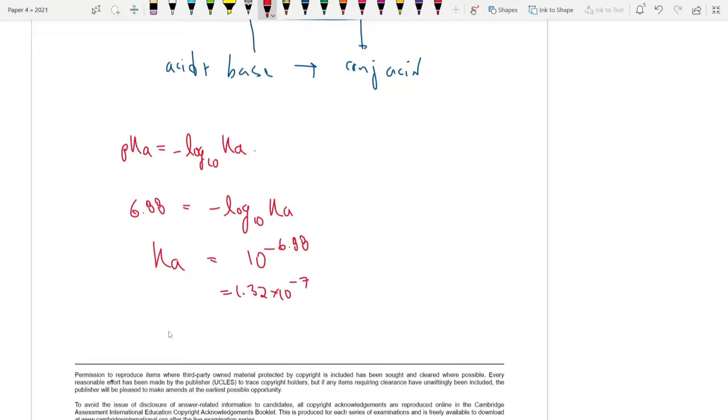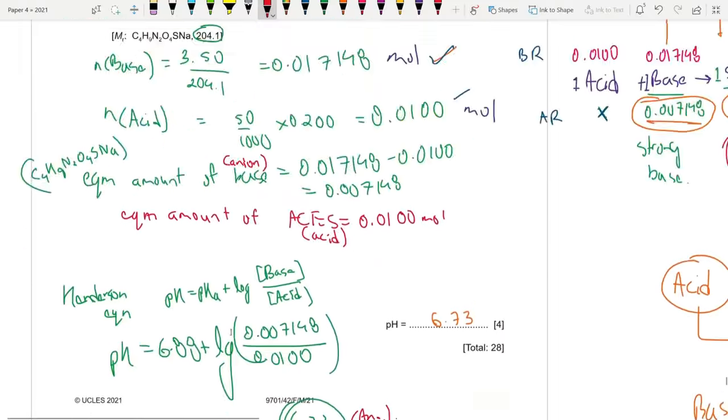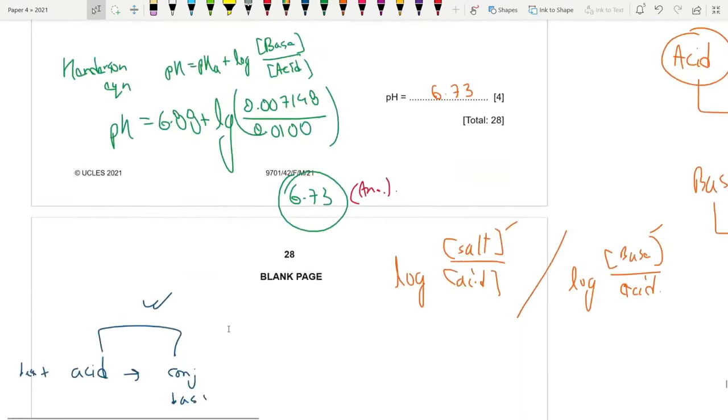Now, the alternate route is finding out H plus. This is the alternate route, the one in the mark scheme. Now, hear me out. We know that we have an acid, aces.